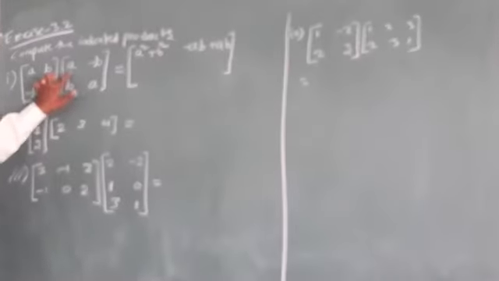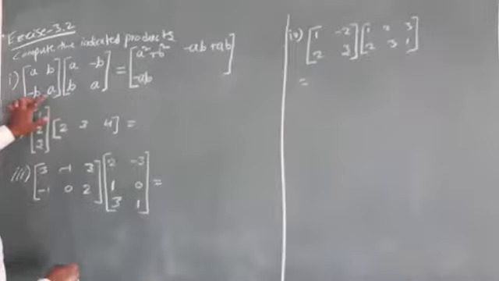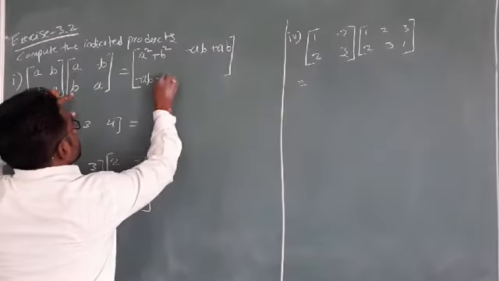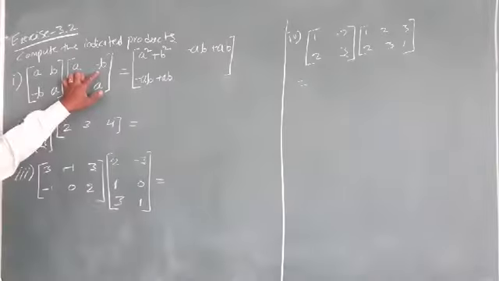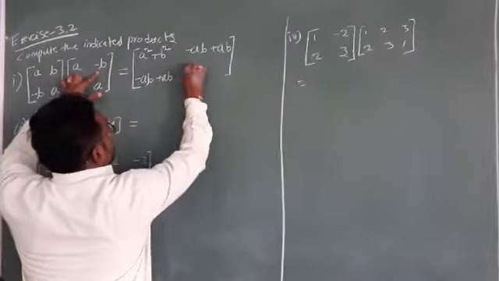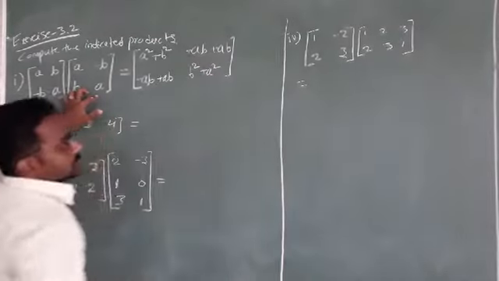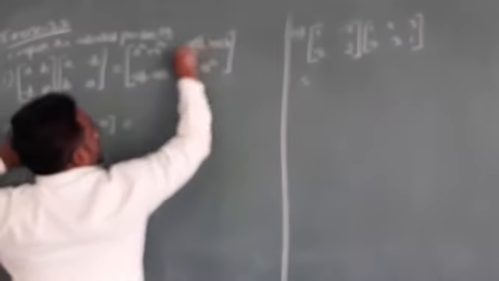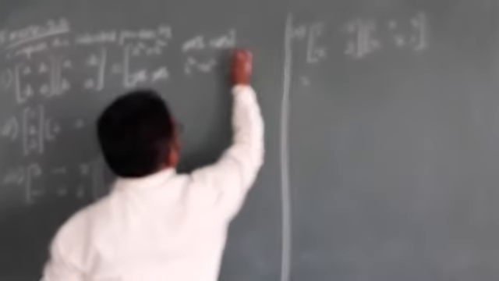Next, minus B into A minus AB or BA, A into B plus AB, minus B into minus B plus B square, A into A plus A square. So here, students, minus AB plus AB, minus AB plus AB, they cancel. So what is the result here?